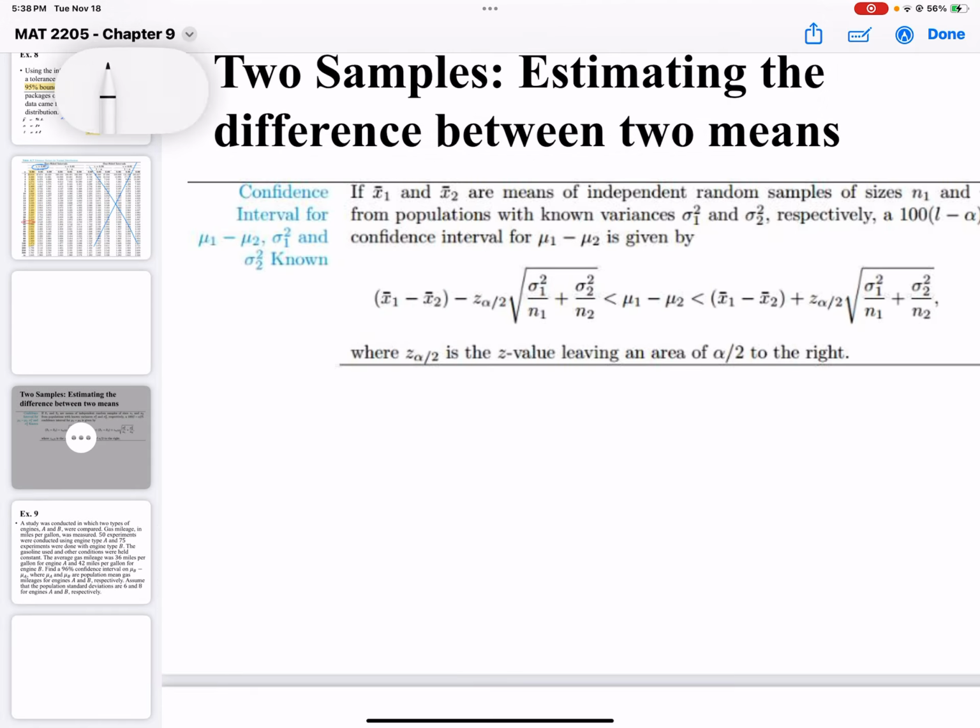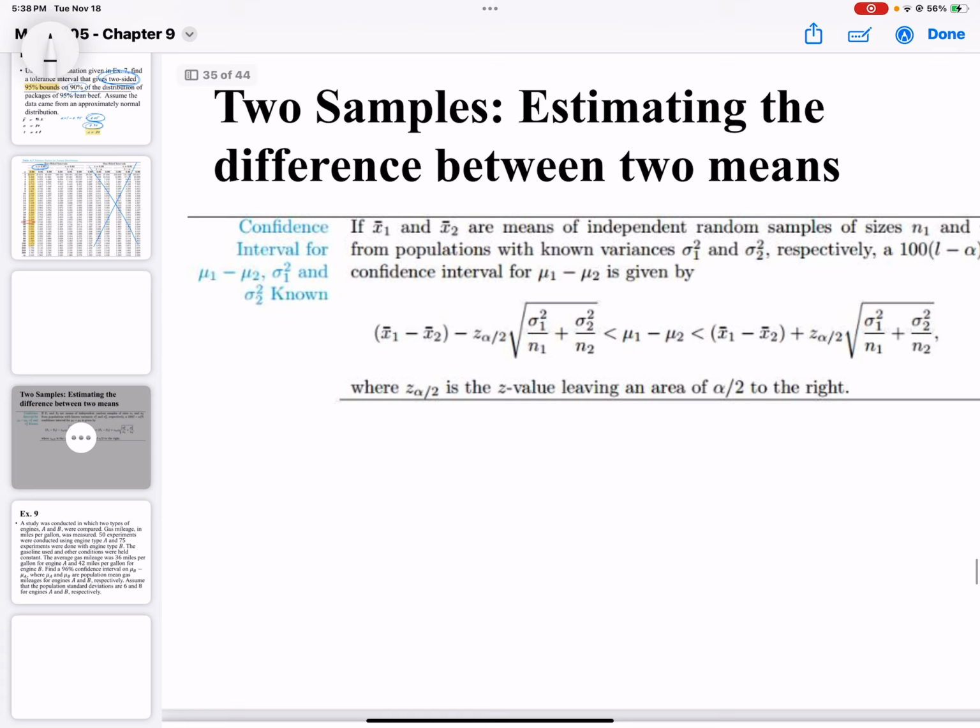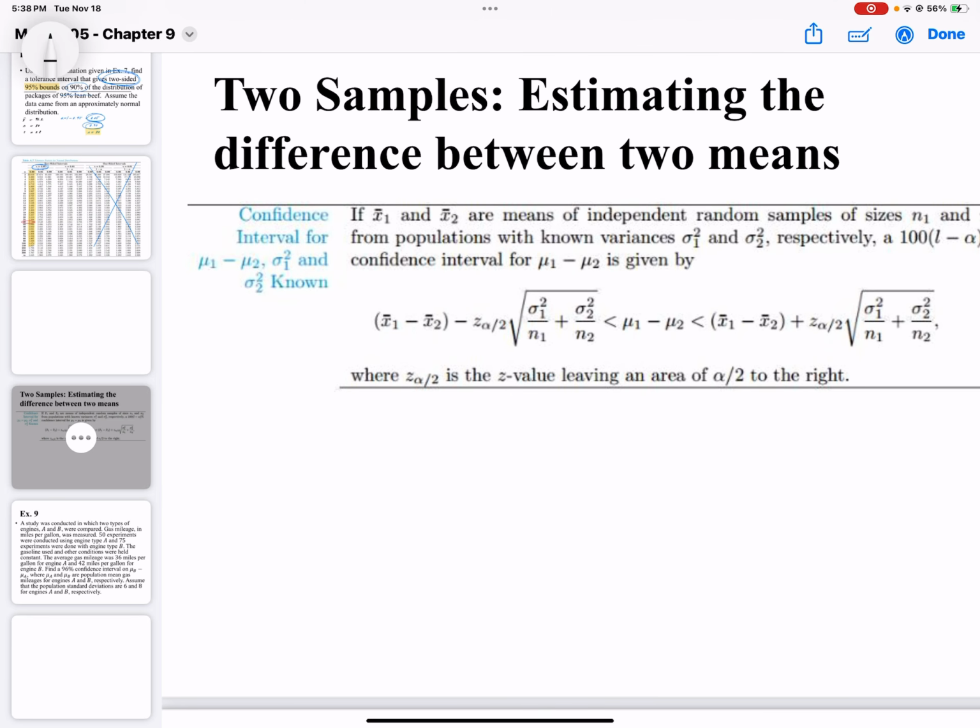Now we're getting into two samples, estimating the difference between two means. If you're wondering when we would use this formula as opposed to the formulas we've used before, it's pretty basic. If you see two sets of data, then you need to use the confidence interval for the difference between two means.